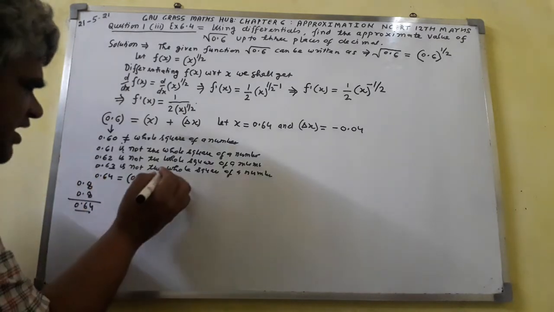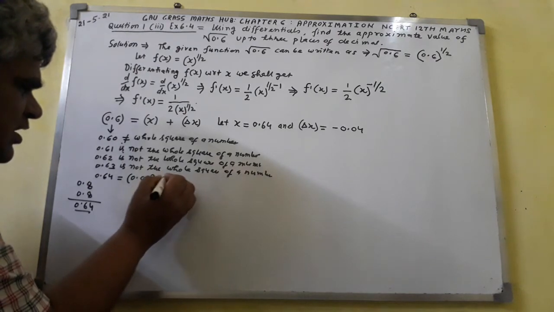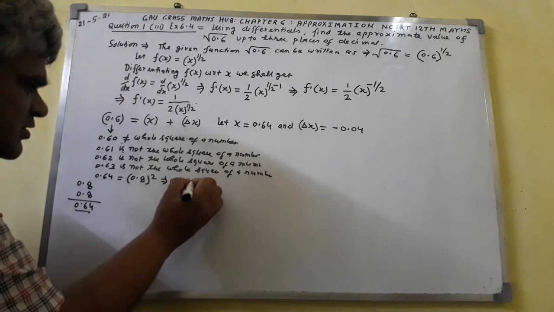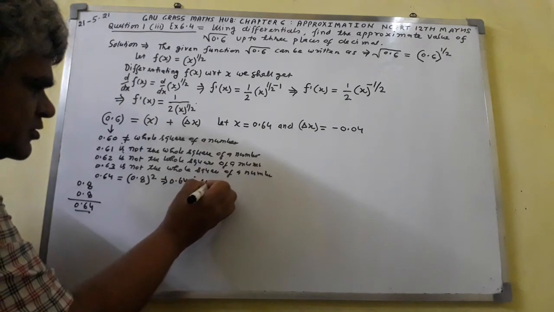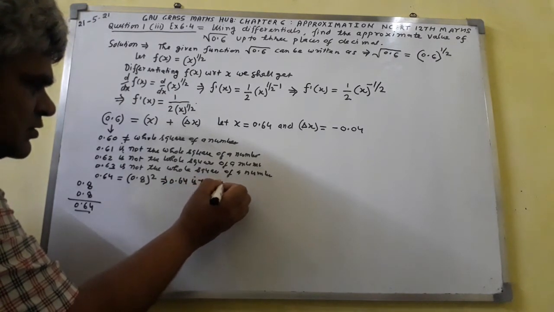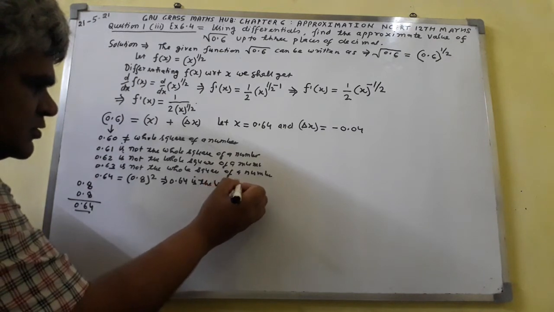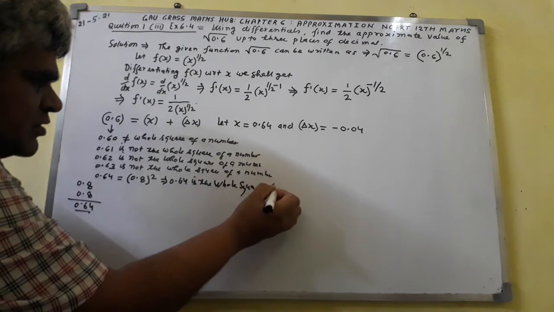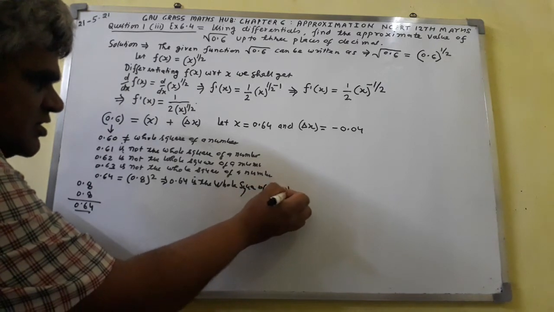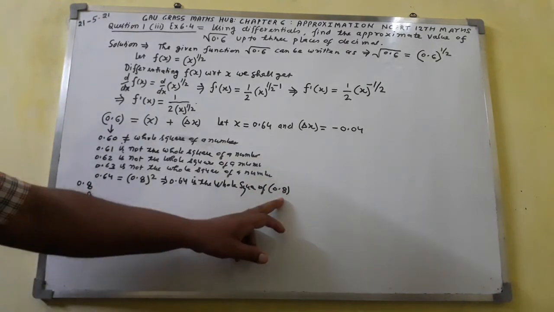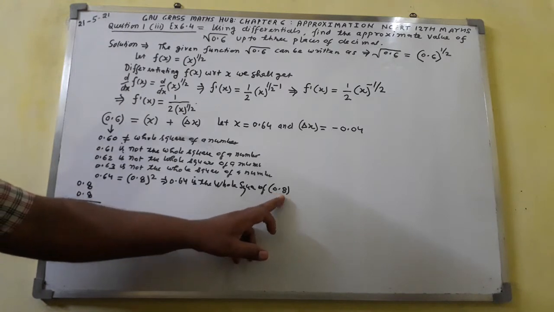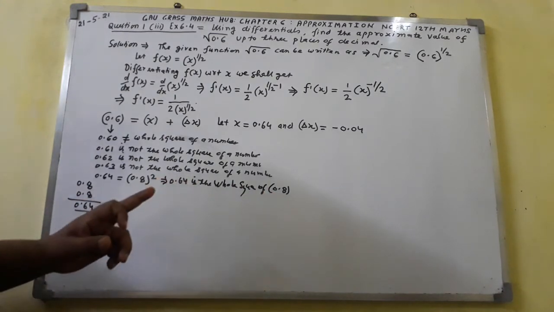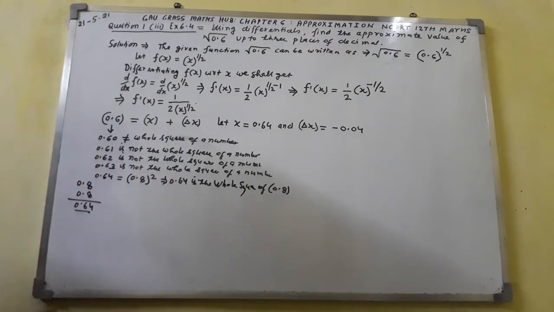So here I shall write, hence implied that 0.64 is the whole square of 0.8. 0.8 का whole square will be the value 0.64.